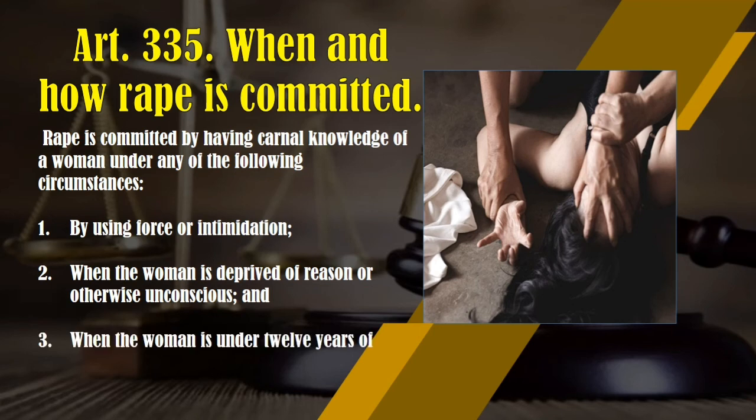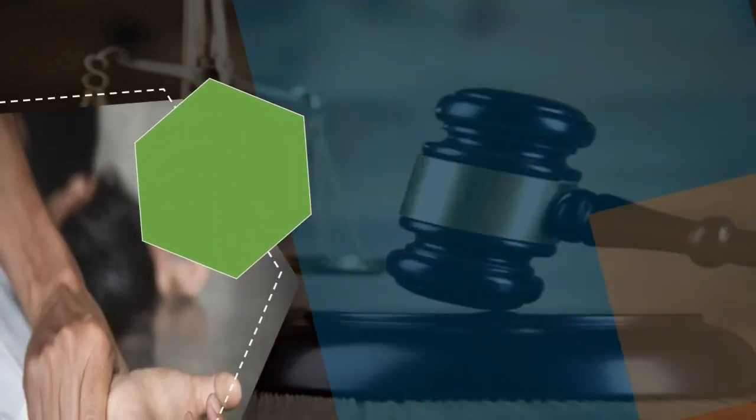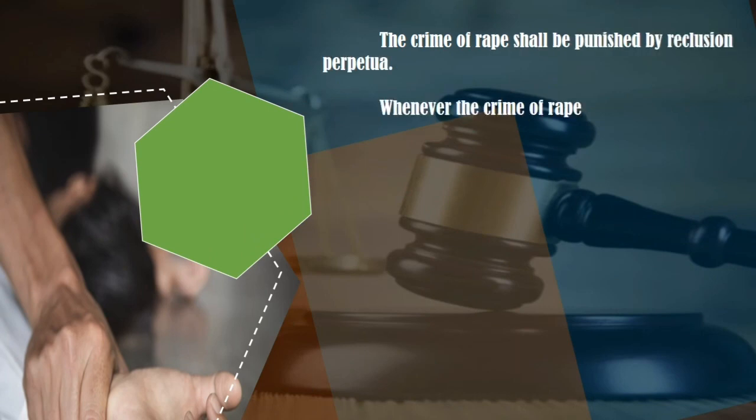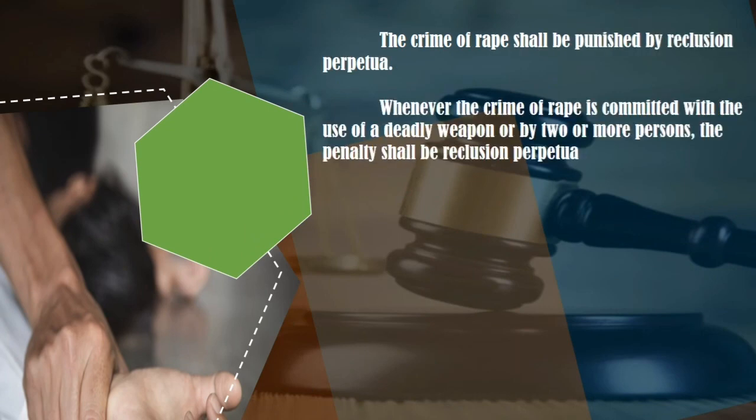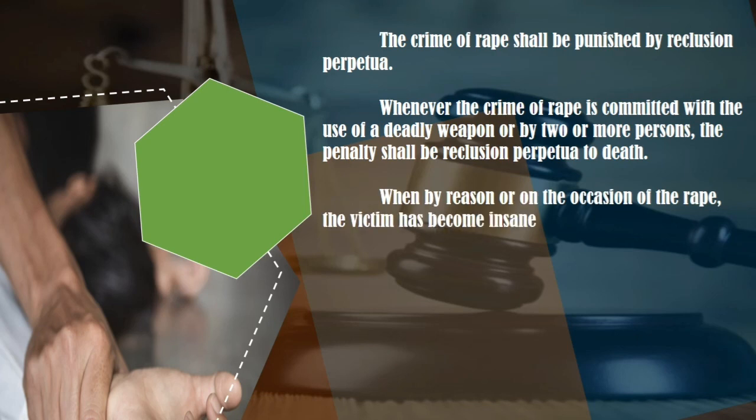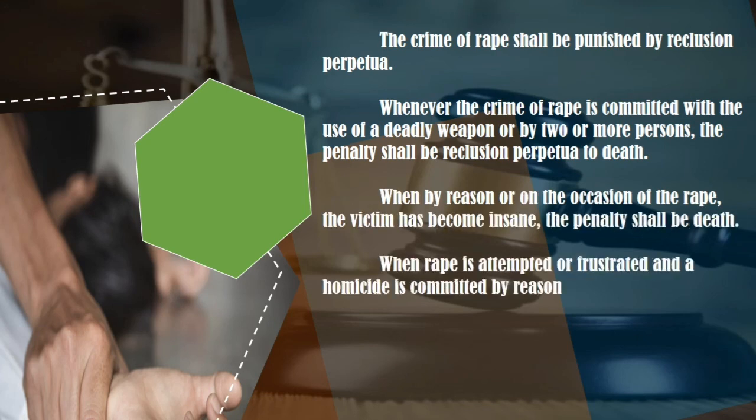And third, when the woman is under 12 years of age, even though neither of the circumstances mentioned in the two next preceding paragraphs shall be present. So again, class, please remember that the crime of rape shall be punished by reclusion perpetua or life imprisonment.